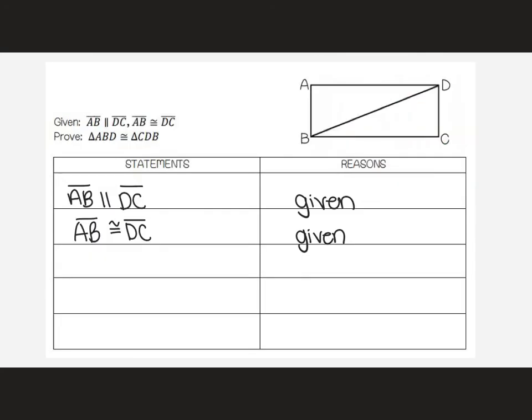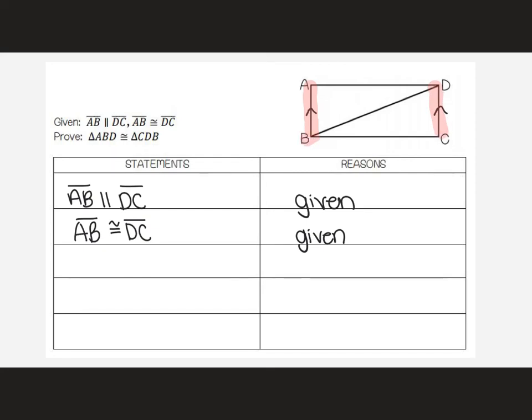In our final proof, we start by writing down the givens, writing given as a reason, and then marking our figure. AB is parallel to DC is our first given. So we mark the parallels by arrows going the same direction, and then we're looking for an angle pair.